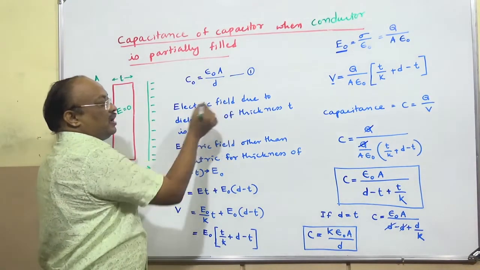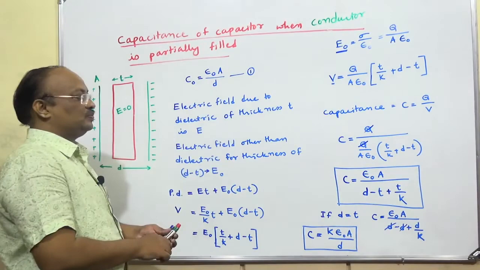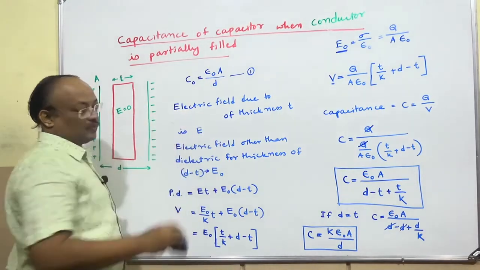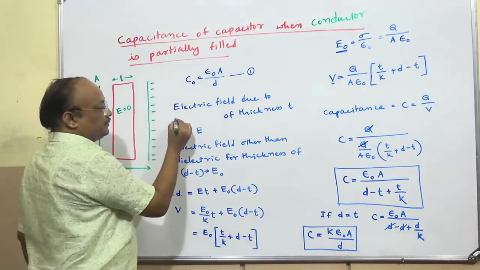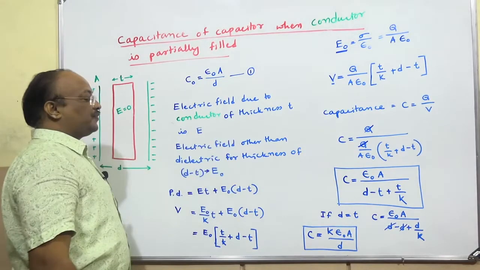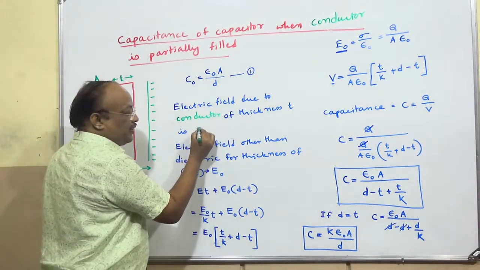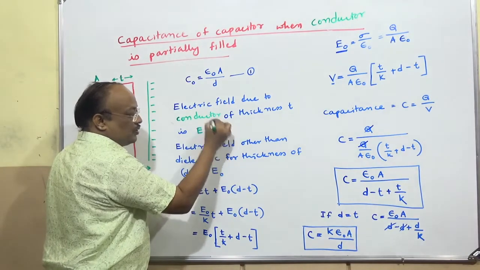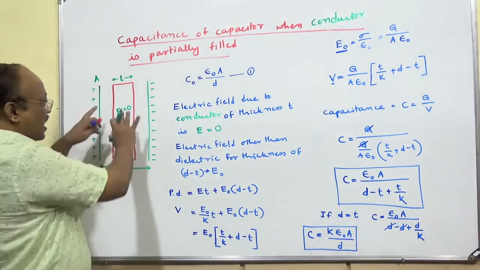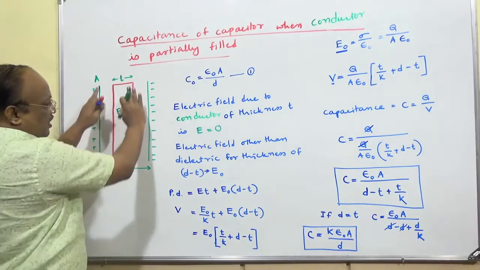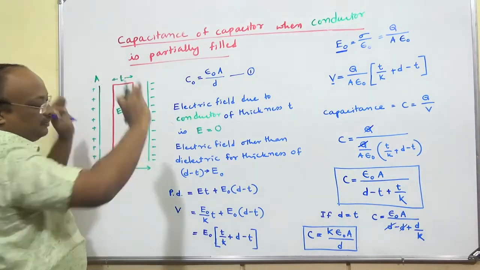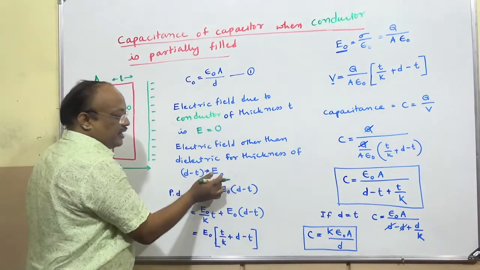So when a conductor of thickness T is introduced, the electric field is equal to zero here, whereas in the other space that is available, D minus T, the electric field is E naught.